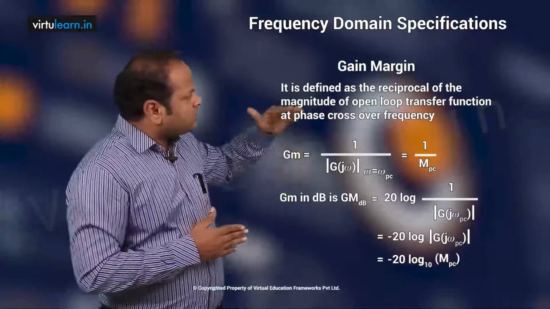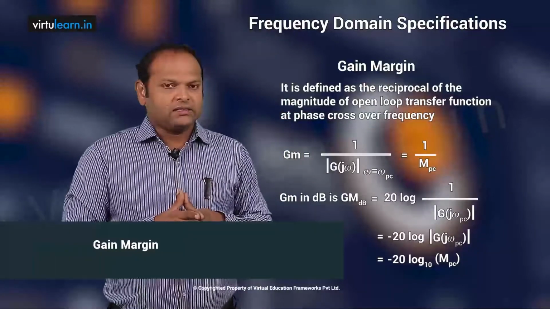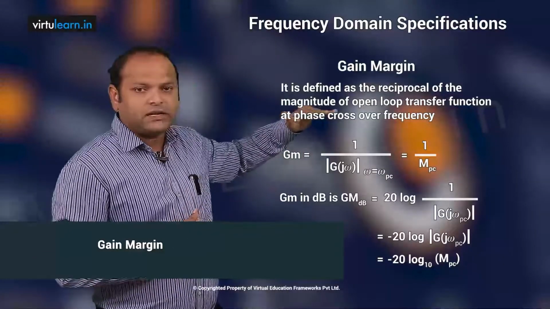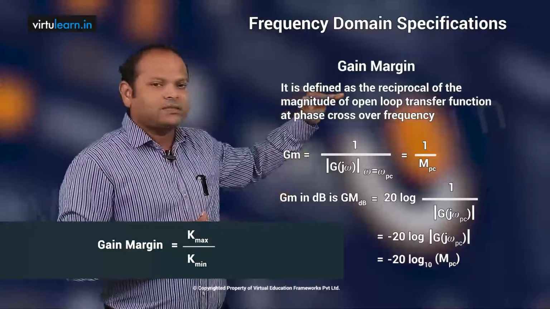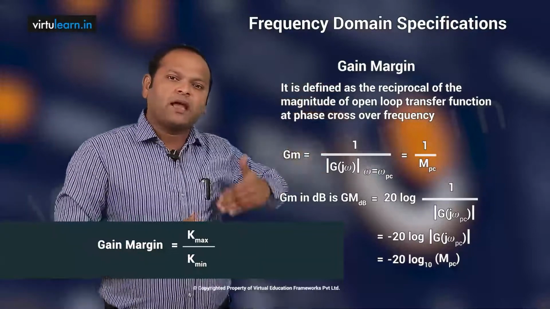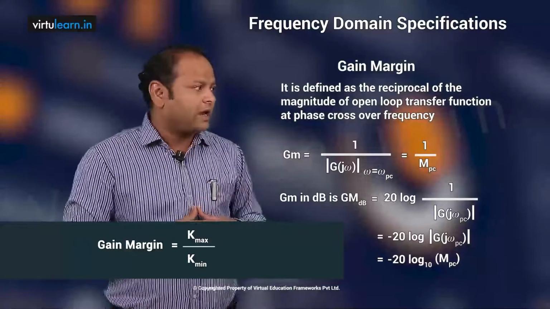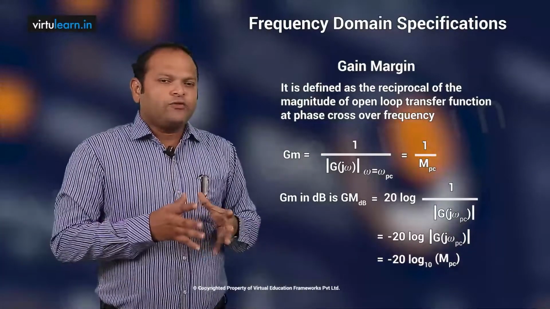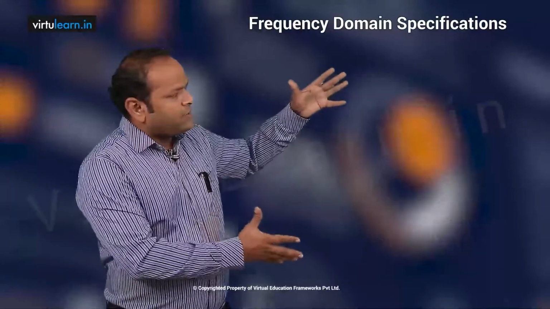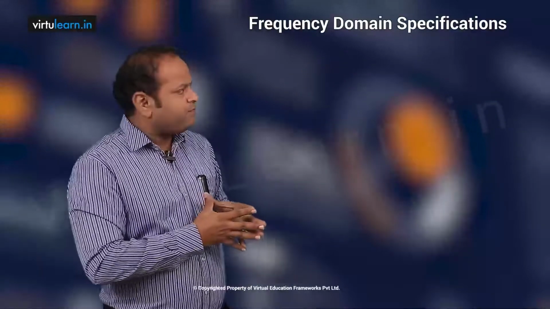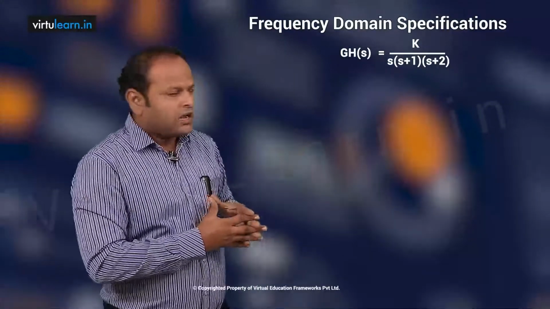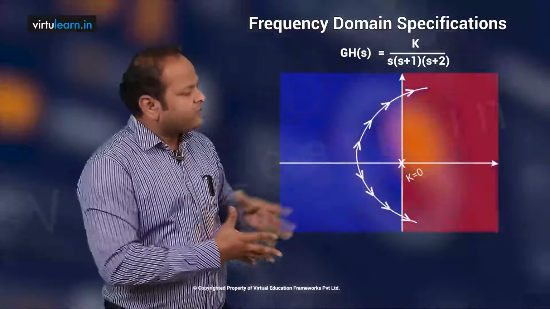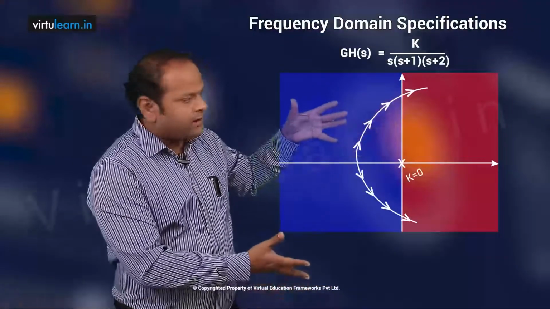We can also write the gain margin as K maximum by K actual. K is nothing but the gain, and the maximum is the maximum allowable gain in the system. Consider a typical system K by s(s+1)(s+2), and this is its root locus on the s plane.